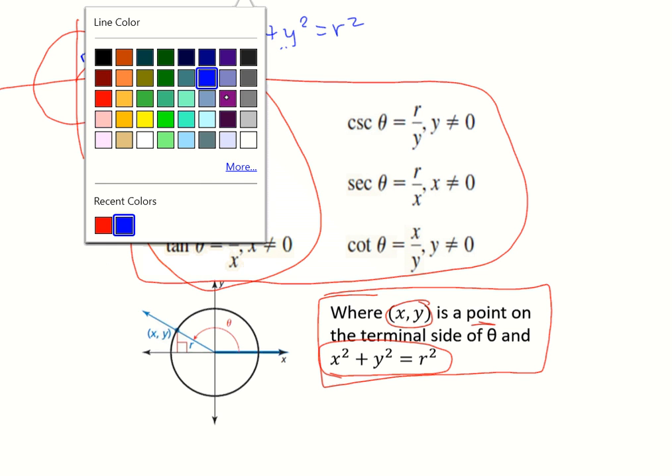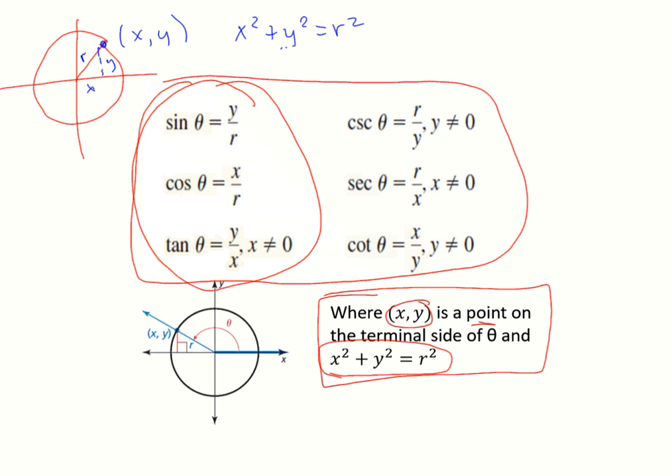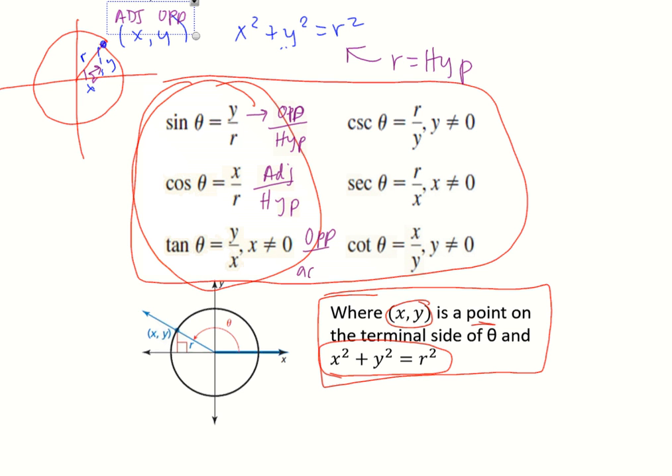But if this is your angle right here, then y is actually the opposite value, x is the adjacent value, and once you find r, that is your hypotenuse. So you can think of these again as opposite over hypotenuse, adjacent over hypotenuse, or opposite over adjacent.